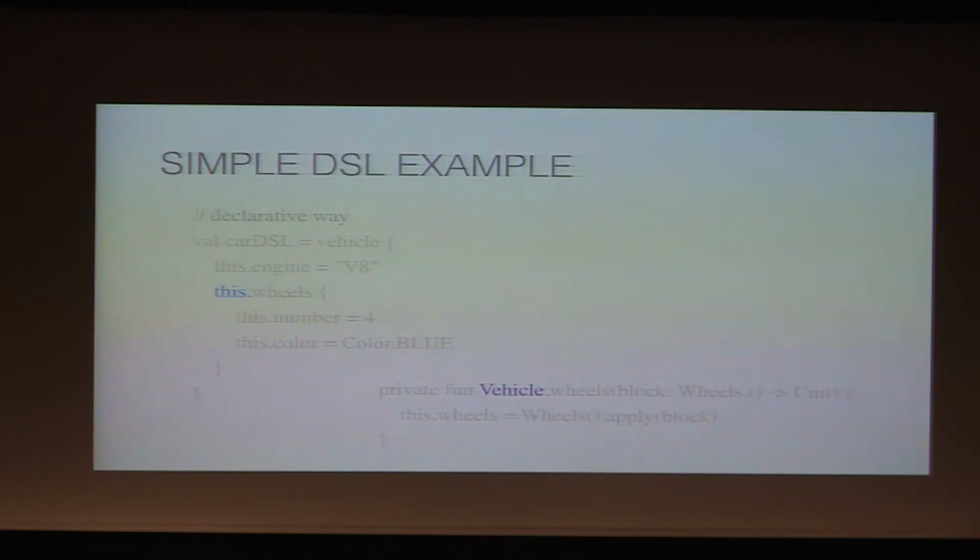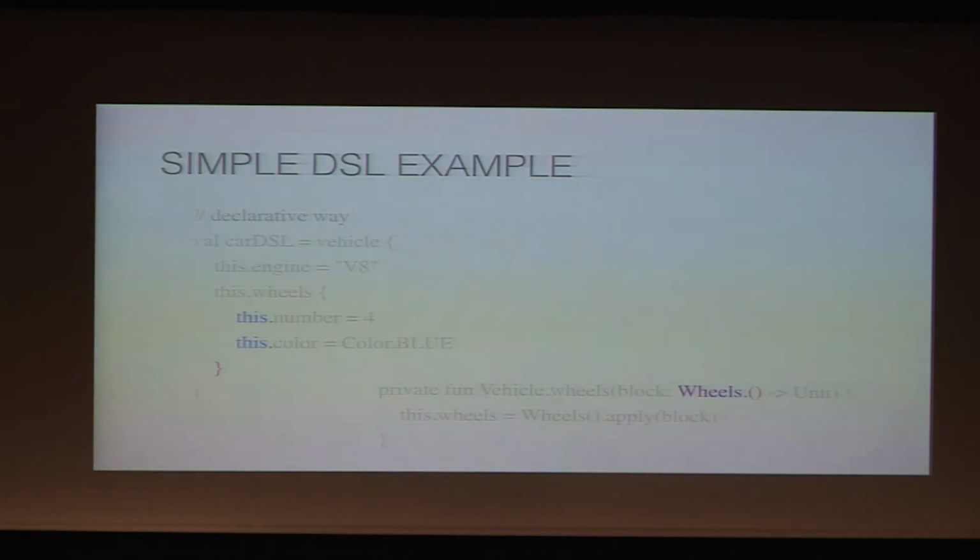The first this that we see here on the wheels is actually the extension function on the vehicle object. Remember, when the vehicle bracket opens, there is a vehicle itself, an instance. So this is that object. And the second vehicle dot, and those two this, are the lambda with the receiver of the wheels function.